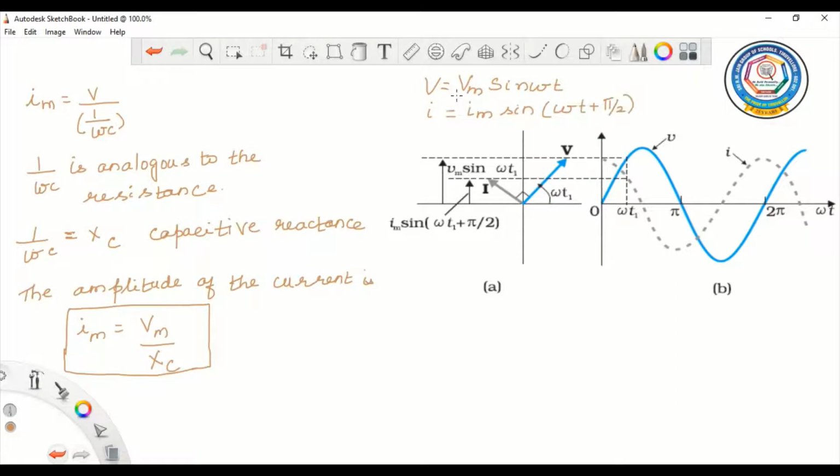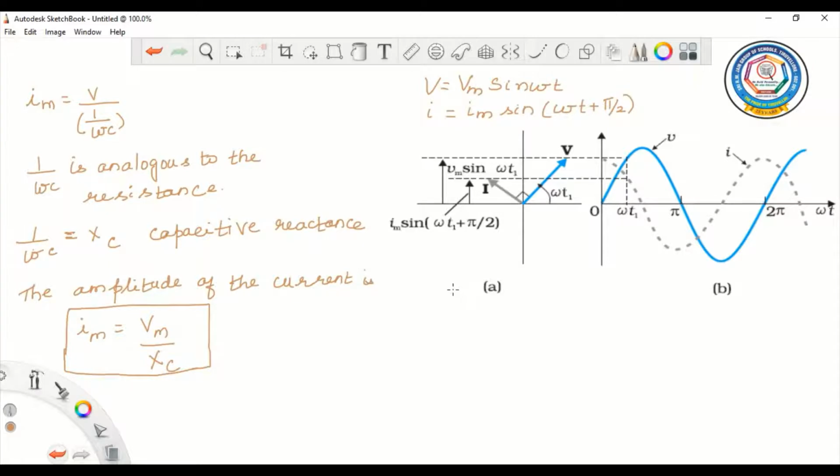So from these two equations, we can very well say that the current is ahead of voltage by pi by 2.